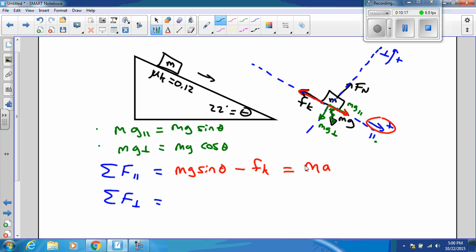Meanwhile, the sum of forces in the perpendicular direction is going to be equal to all of the forces that are operating in the perpendicular axis, which is going to be Fn, pointing up, and mg perpendicular, which is mg cosine theta, pointing down. This sum of forces will be equal to 0 because the carton is not accelerating in a perpendicular direction. There is no component of motion that way.